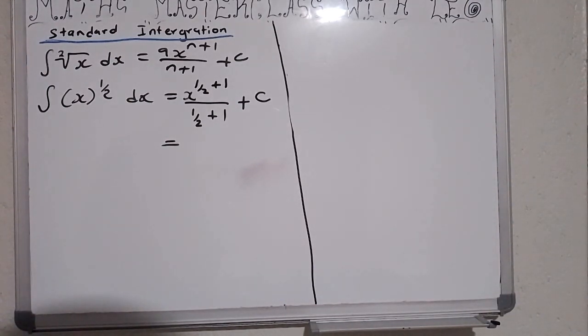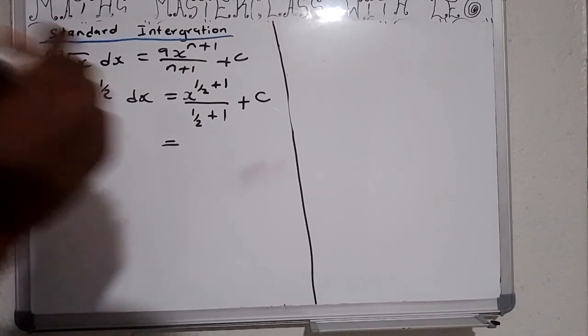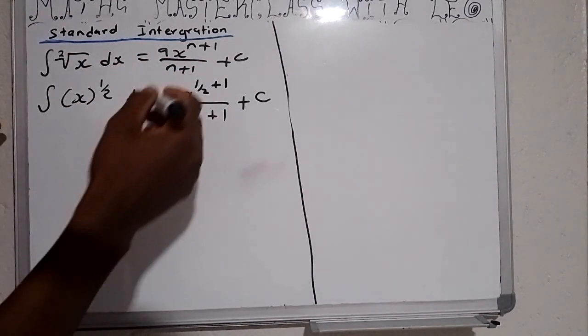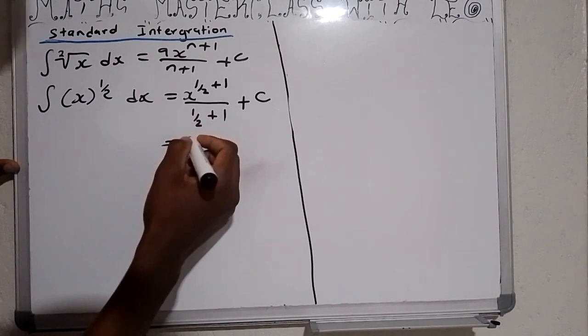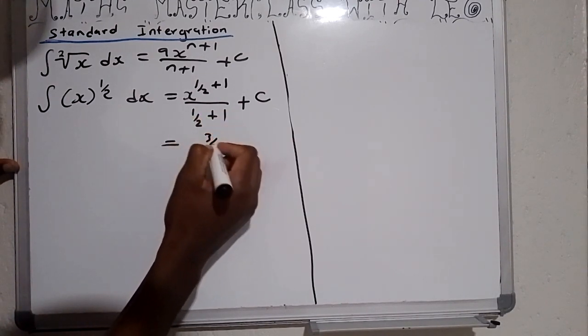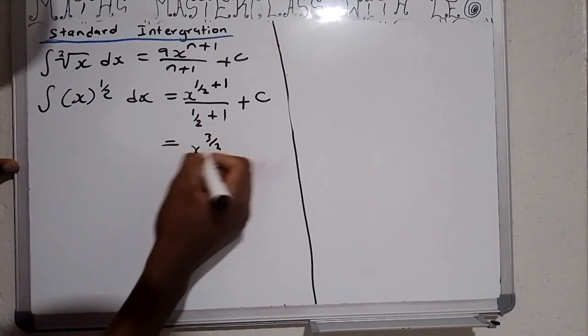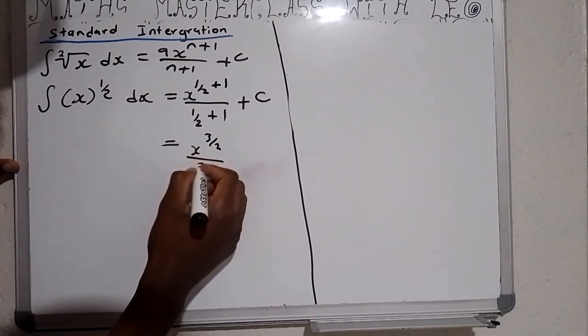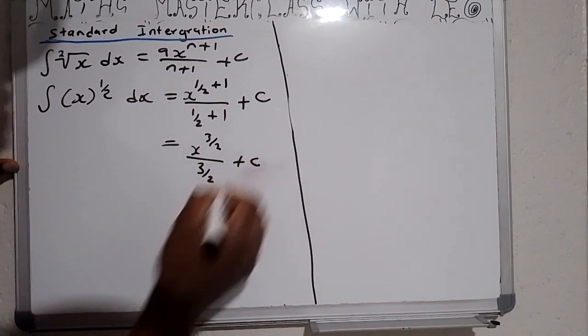I'm kidding. Let me just say here, what am I going to have? I believe I'm going to have x to the power 3 over 2, all over 3 over 2 plus c. Let me just make sure.